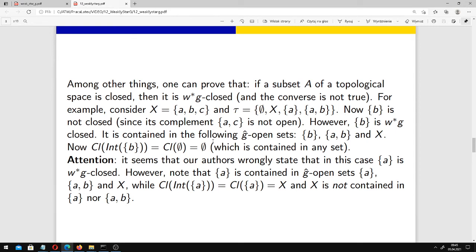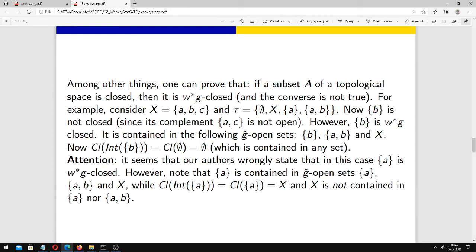So you may compare this reasoning and these facts with their original example. And now the closure of the interior of the singleton of B is again the closure of an empty set, and it's empty, and the empty set is contained in any set, as we know.